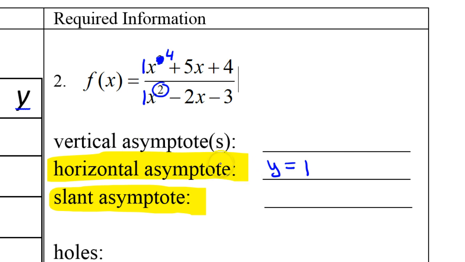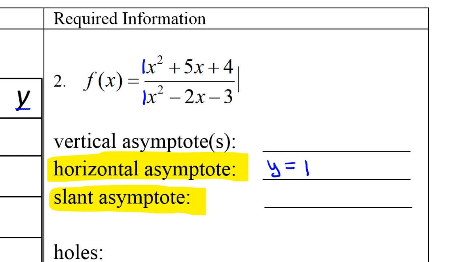Then there would be no horizontal asymptote, and no slant asymptote either. But as it turned out, the degrees were equal, so we divided. If the top degree was less, like if this had just been x, then there'd be a horizontal asymptote of y equals 0. Okay, anyway, back to reality.